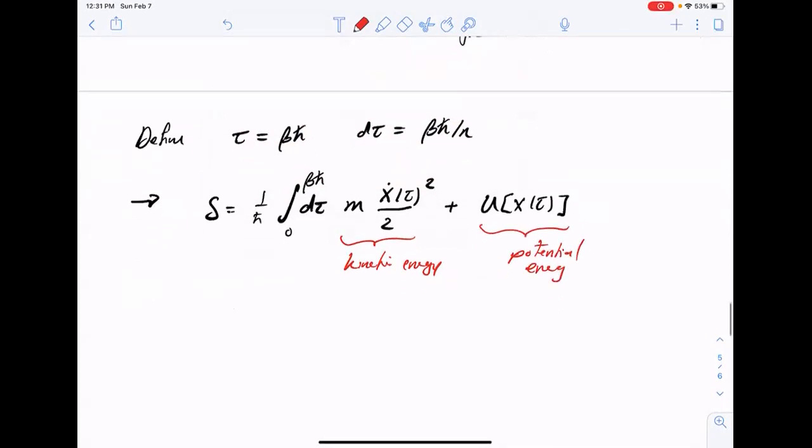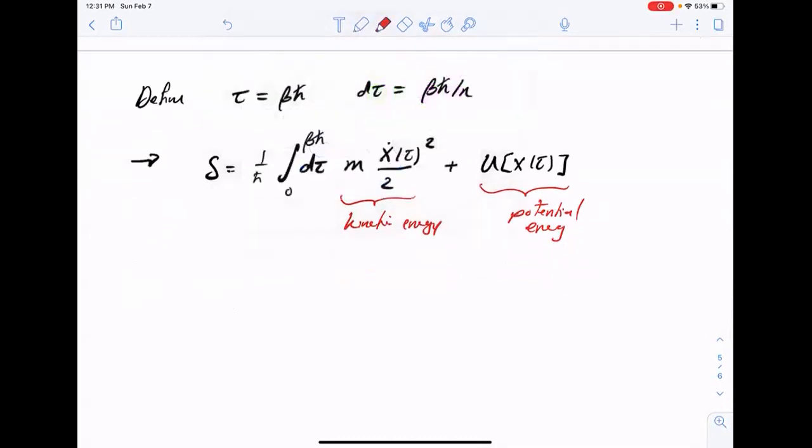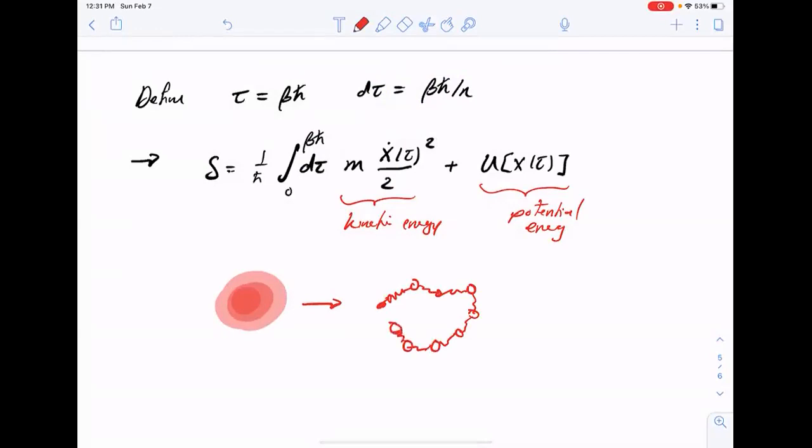And so the interpretation of this is that I start with a quantum particle, and I end up with a classical particle with a set of springs that tie together points in this fictitious time.